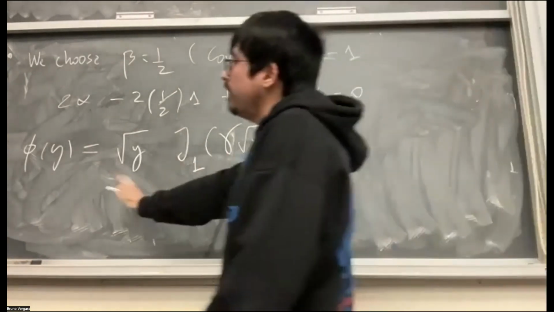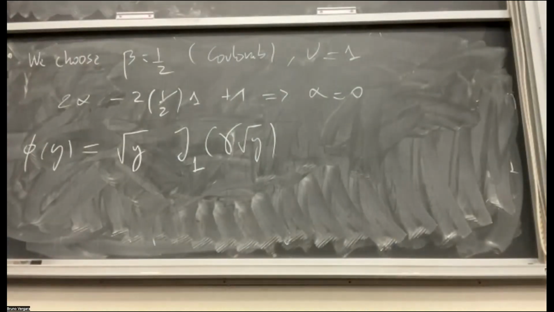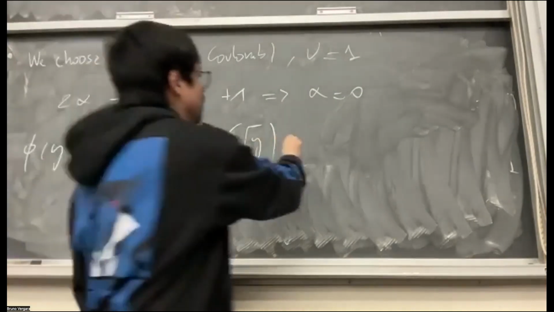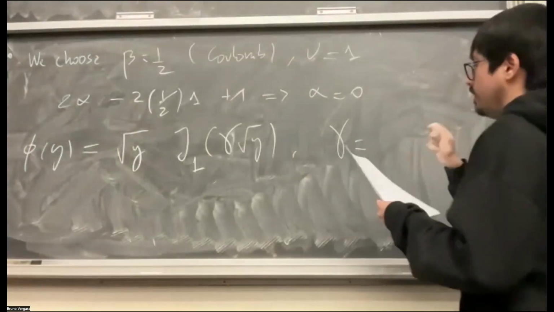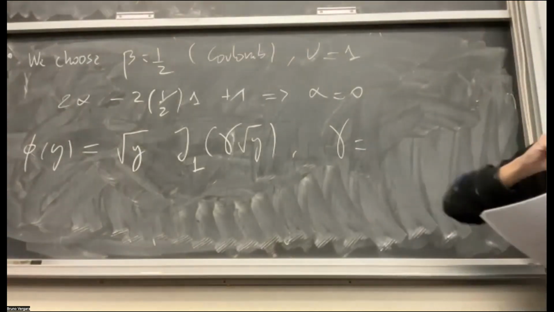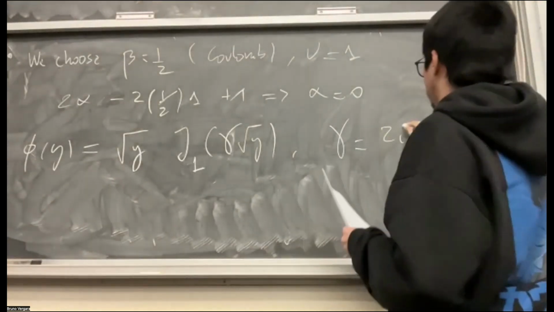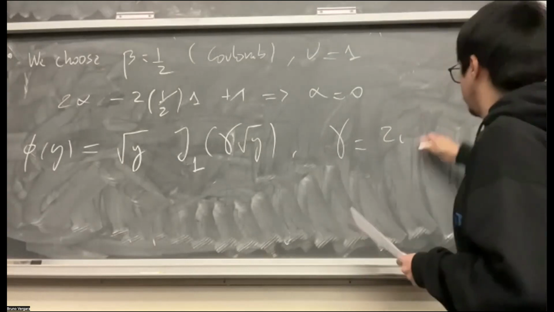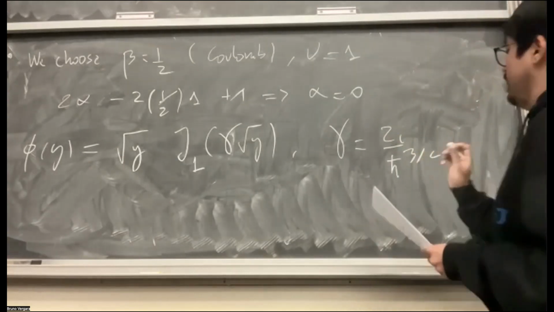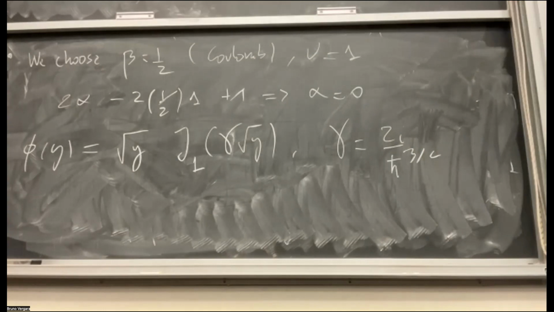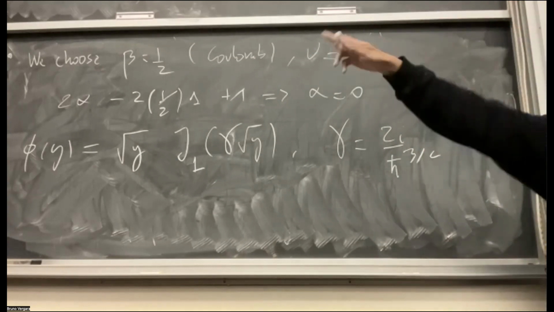Right, but here somehow I also need to take into account the h cubed that is not playing a role here. So for that, the choice that I have to make, and you can read it again from the ODE, is gamma equals 2i divided by h to the 3/2. If you plug that value there, you get precisely the ODE that I wrote on the left.